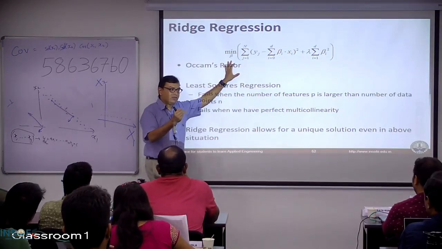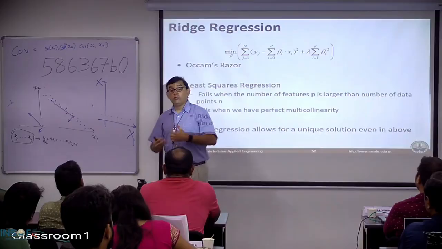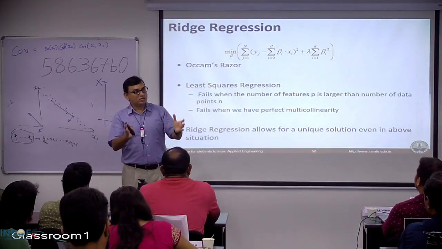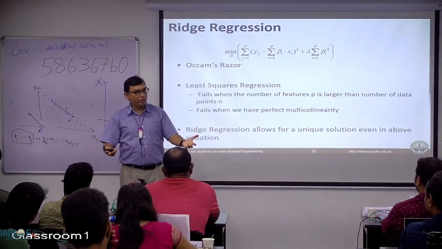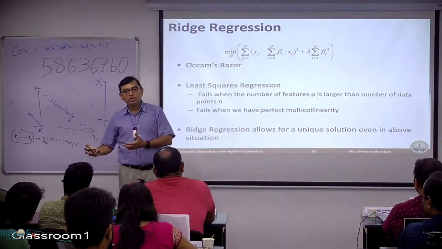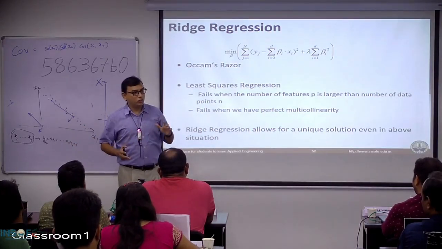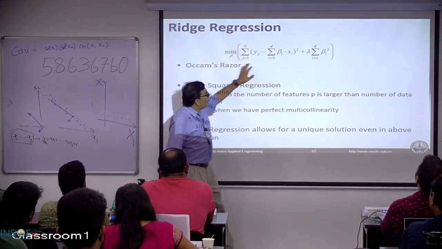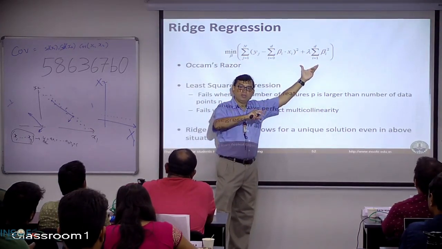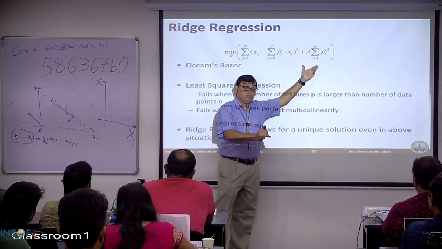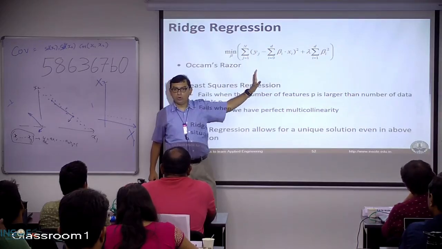Occam's razor is this notion we have in the modern way of doing science that the simplest models are better when two models explain a given phenomenon equally well. The simplest model is more stable, and is probably closer to truth than the more complex one. And by putting in this additional term with the parameter, we are forcing the model fitting to consider simplicity in addition to just errors. That's what we are trying to code.